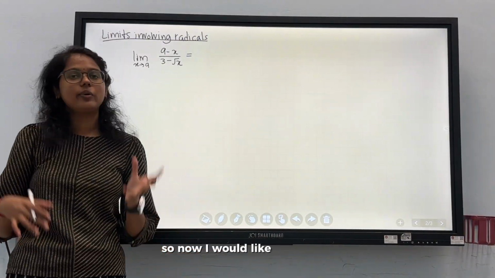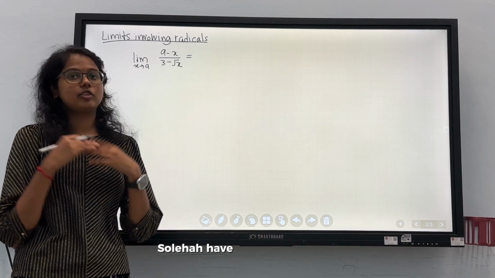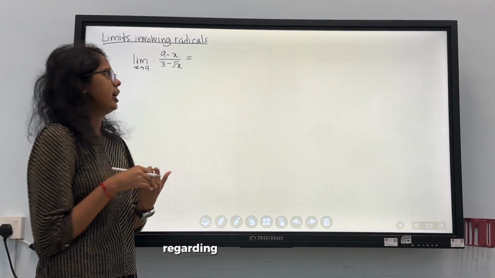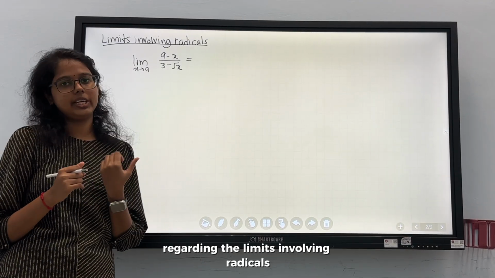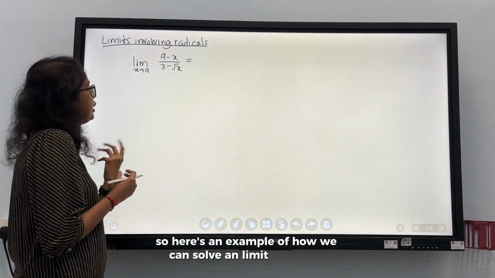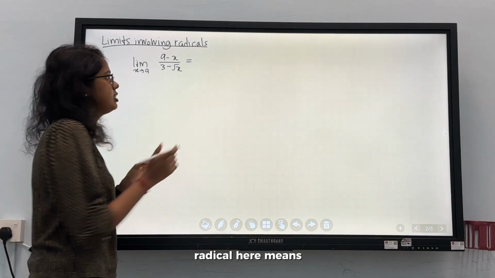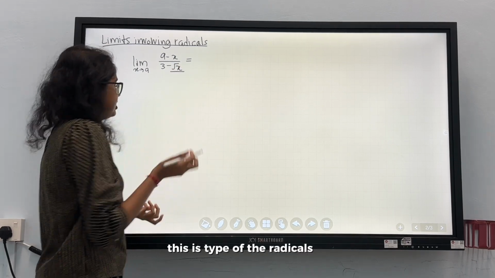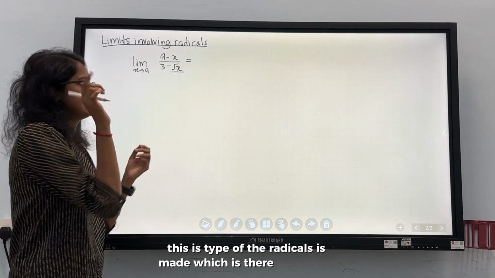Now I would like to explain what Sonia taught earlier in her introduction regarding limits involving radicals. Here's an example of how we can solve a limit involving radicals. Radical here means there's a surd.